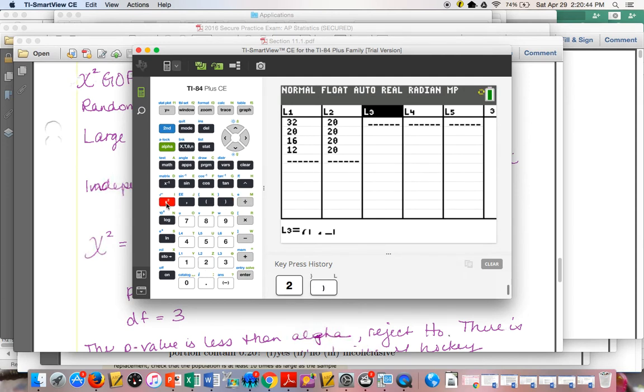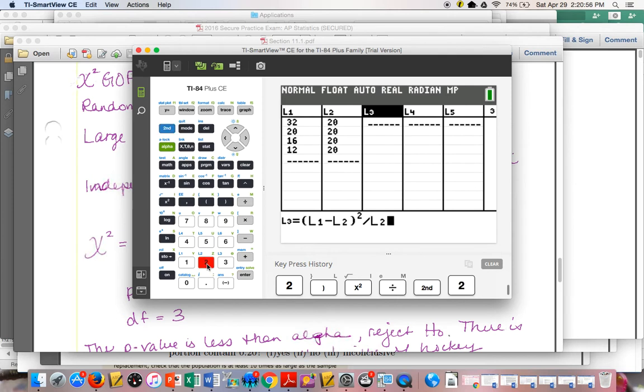And that gets squared. Again, if we didn't square it, when we added them all up, it would be 0. It's the same reason we square in the standard deviation. And then it's divided by my expected. So I'm just looking at the difference, squaring the difference, and then dividing it.